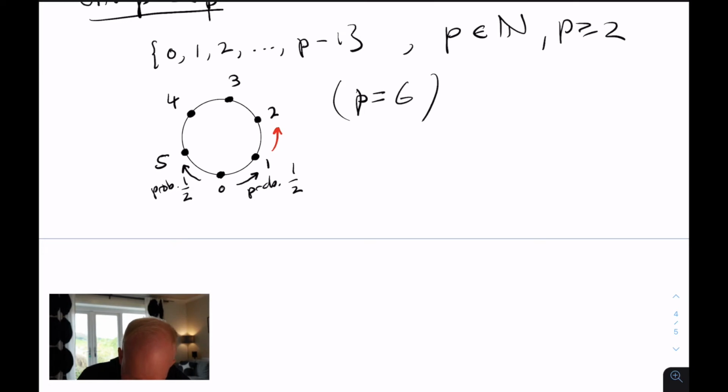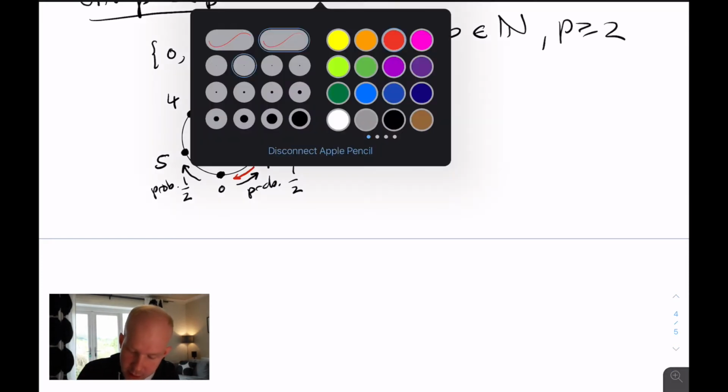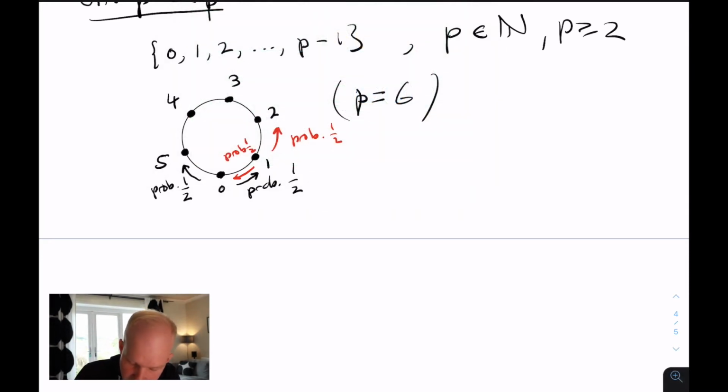They could pass it with probability half to this one, and with probability half back to the original person. That could also be possible. And it can continue like this: say it went to this person over here, then again you can pass it on with probability half back to here.